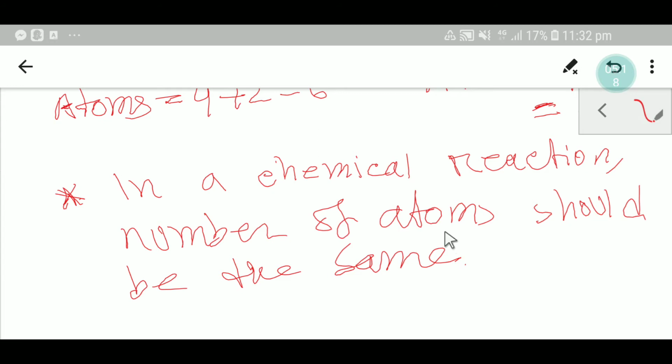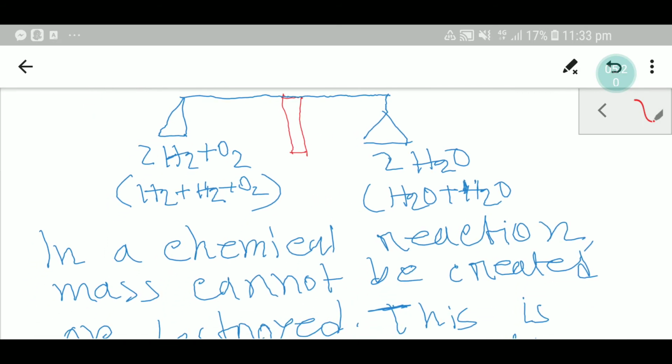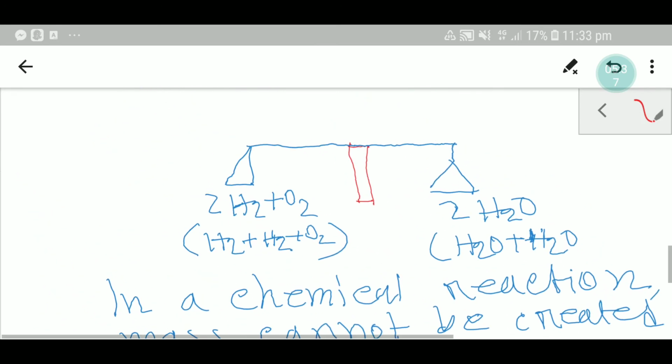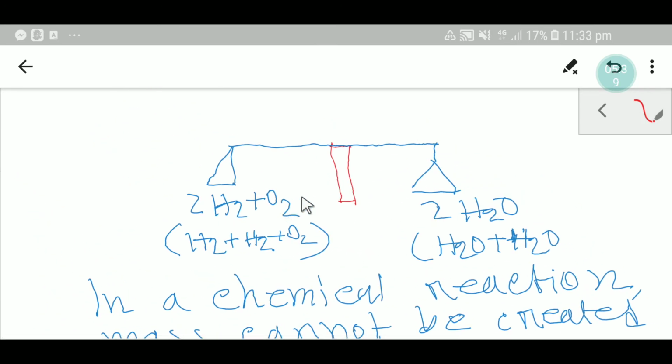So you can see here, this is the mass of two molecules of hydrogen plus one molecule of oxygen, and this is the mass of two molecules of water. So the mass of the left side and the right side, that is reactants and products, are equal.